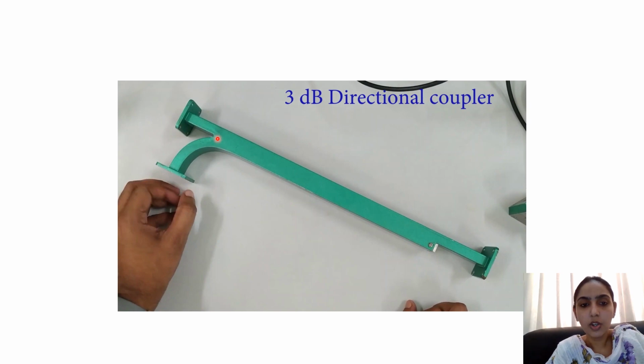So now the nomenclature has changed: input port, this one coupled port, this one throw port, and this one the isolated port. Now the coupling factor is between the power of this input port and the coupled port, and the insertion factor is the ratio between the power of this input and this throw port.